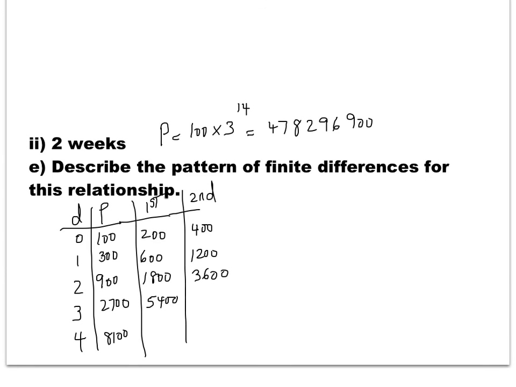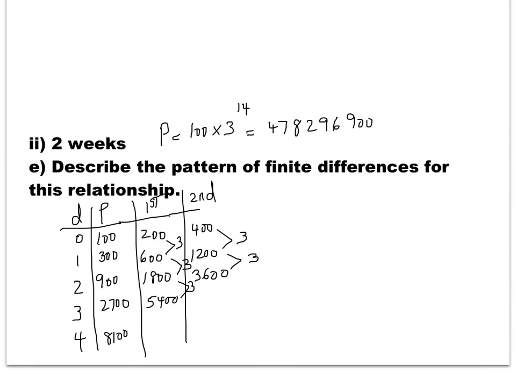You can see that the first and second differences are all different. So this is not a linear function, obviously. And it is not a quadratic because second differences are not the same. But if you look at the ratio, 600 divided by 200 is 3, 1800 divided by 600 is 3, 5400 divided by 1800 is 3, 1200 divided by 400 is 3, 3600 divided by 1200 is also 3.